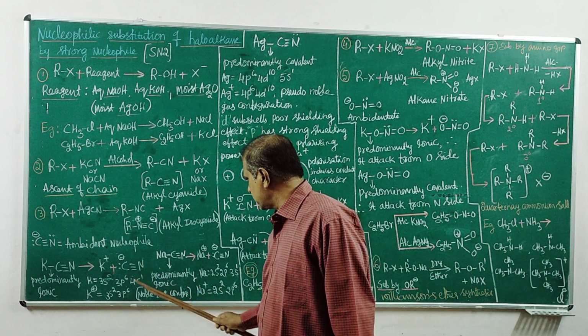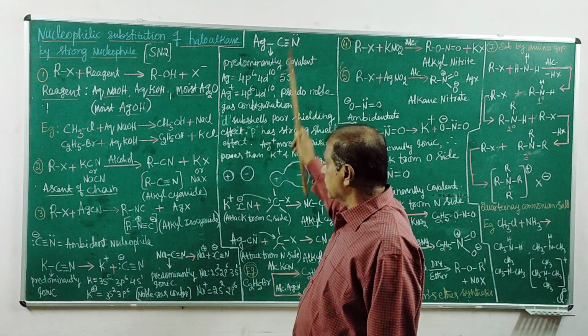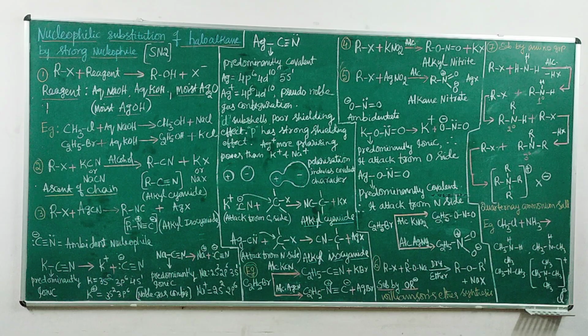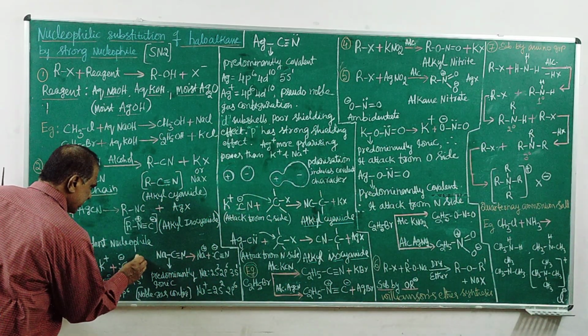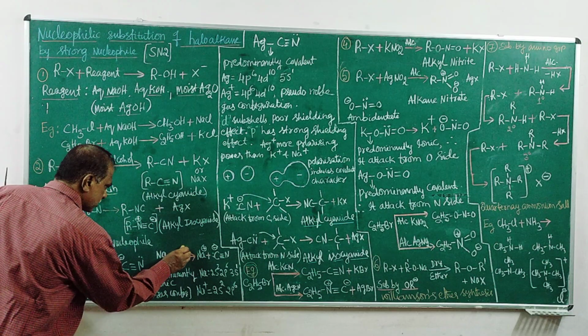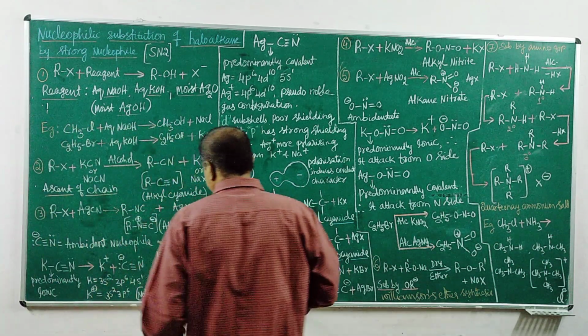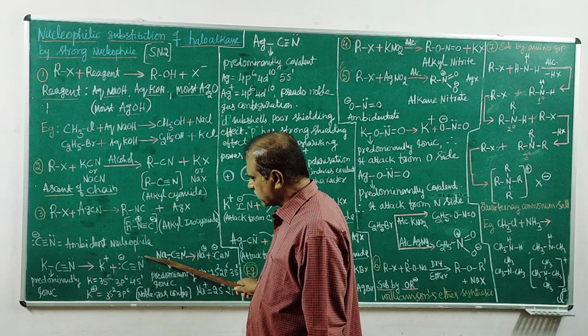That is the nucleophile. N is there, and the lone pair of electrons is on the nitrogen. Lone pairs of electrons are available on both sides.